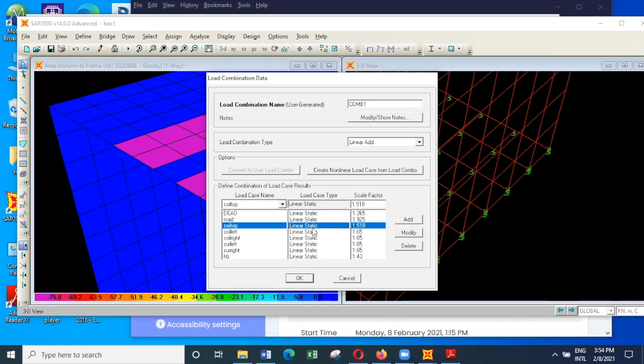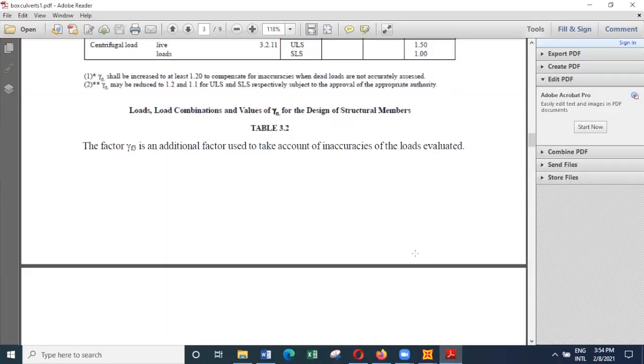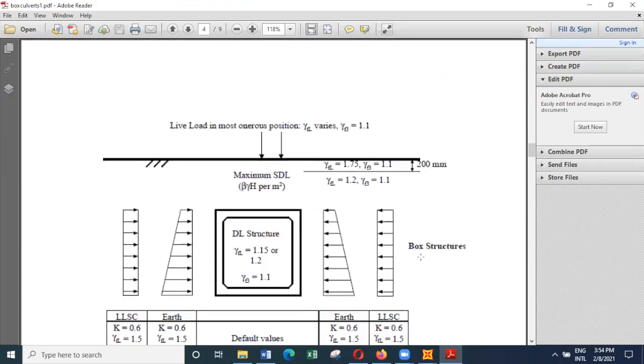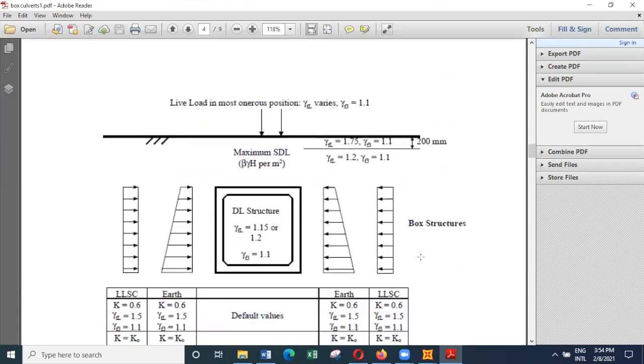Soil at top has a factor of safety of 1.2.